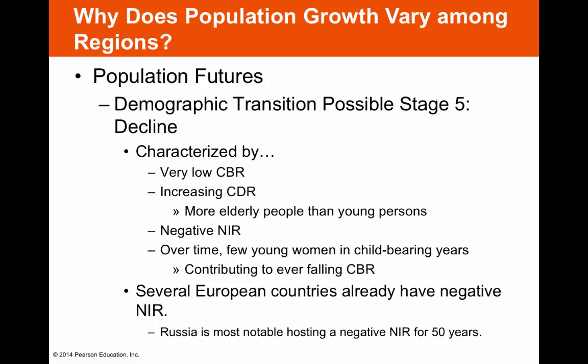So we're going to have a situation where there just aren't a lot of young women. And so this is going to lead to an ever falling crude birth rate. So we're just not going to have as many women who can have babies, and so less kids are being born. And several European countries already have a negative natural increase rate. Russia is the most notable. They've had a negative increase rate for 50 years.